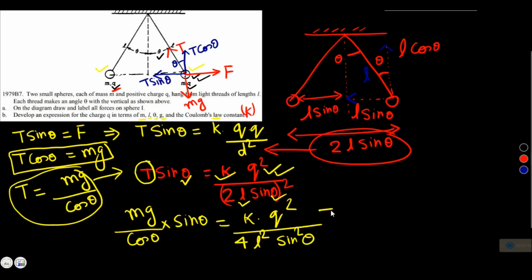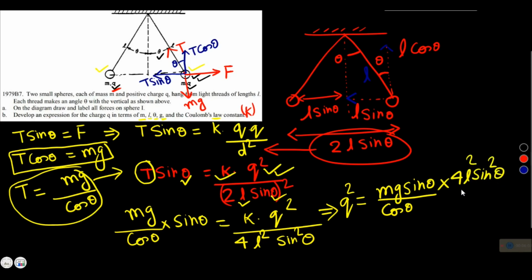So let us solve it. q square can be written as mg sin theta upon cos theta, times 4L square sin square theta, divided by k.